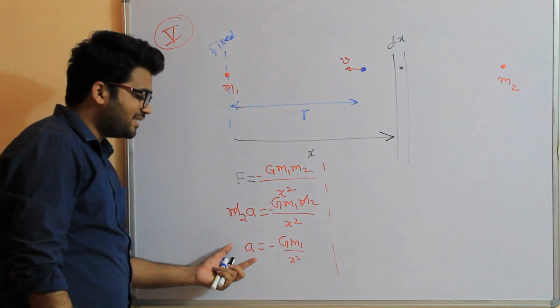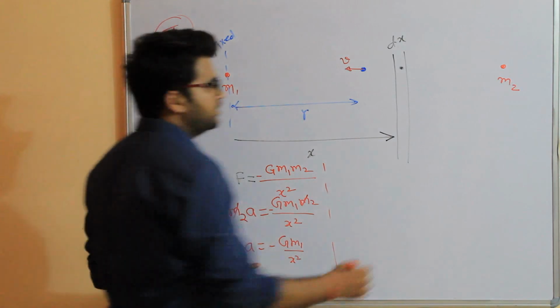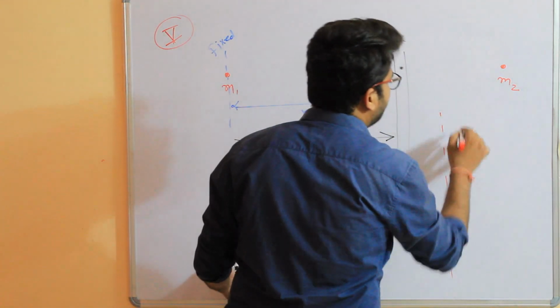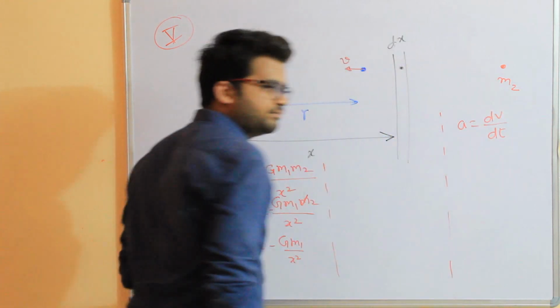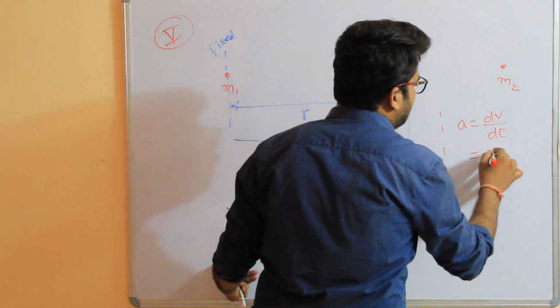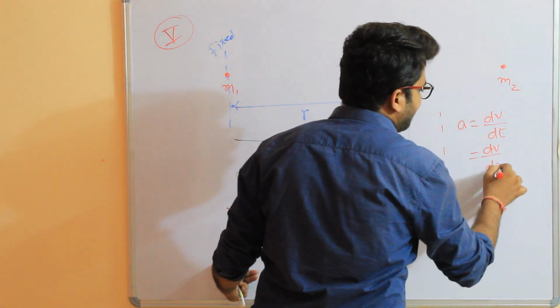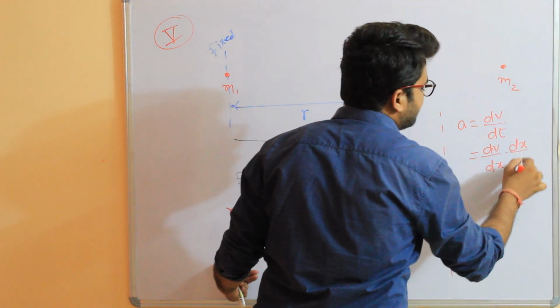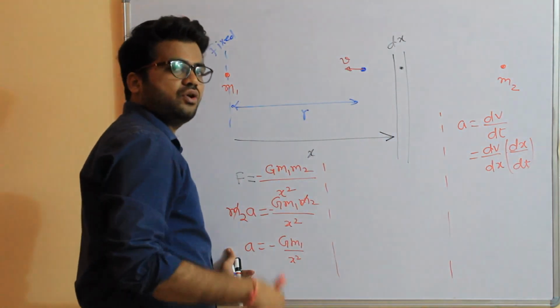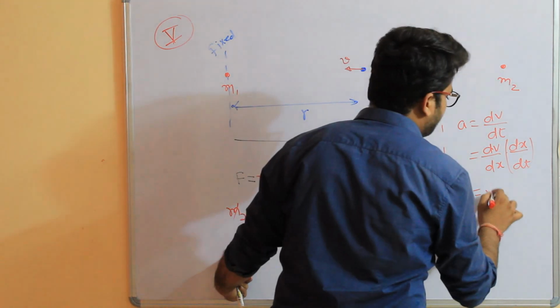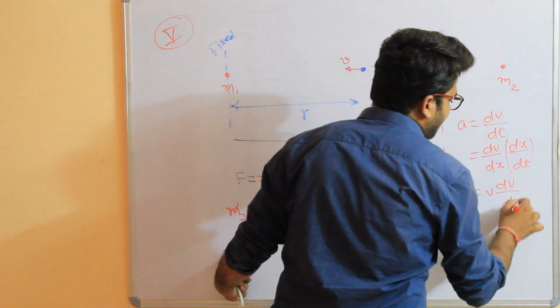Now what is acceleration? Acceleration is dv by dt, which we can write as dv by dx into dx by dt, isn't it? Now what is this dx by dt? Rate of change of position is nothing but velocity, so v dv by dx.